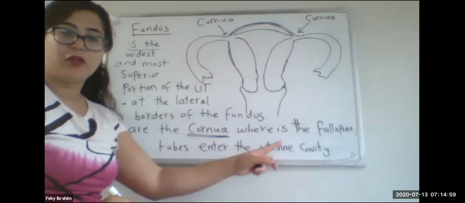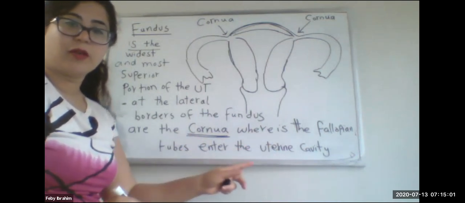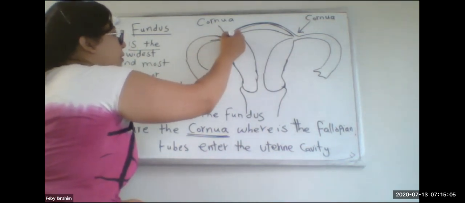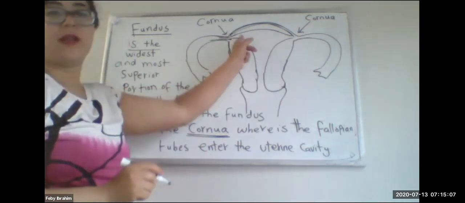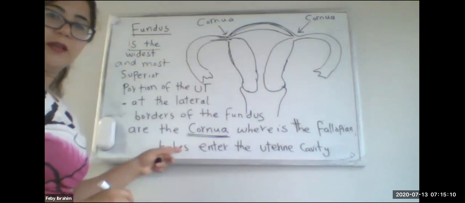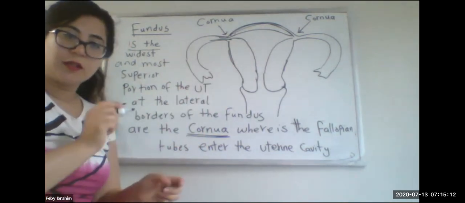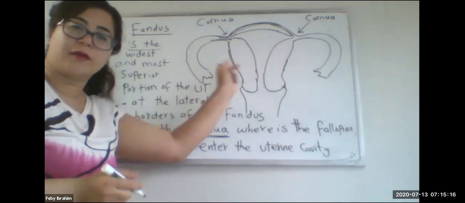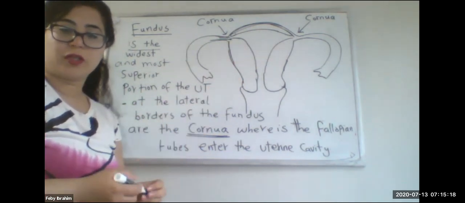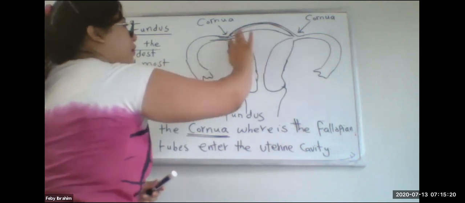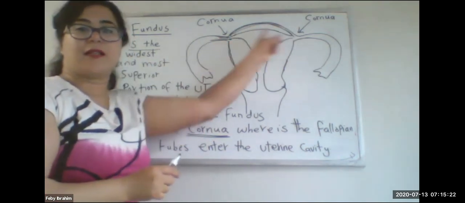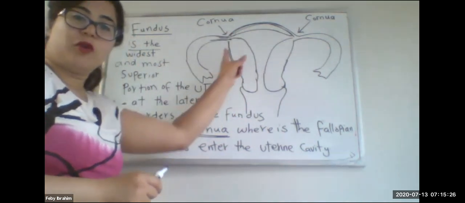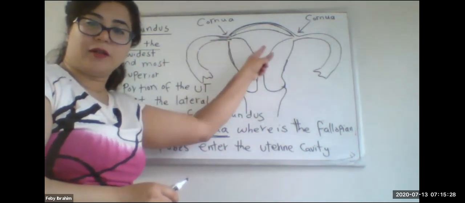Where do the fallopian tubes enter the uterine cavity? Look here at how the fallopian tube enters the uterine cavity. Again, fundus, the most superior and widest portion of the uterus. And at the lateral side of the fundus, we have the cornua, where the fallopian tubes enter the uterine cavity.